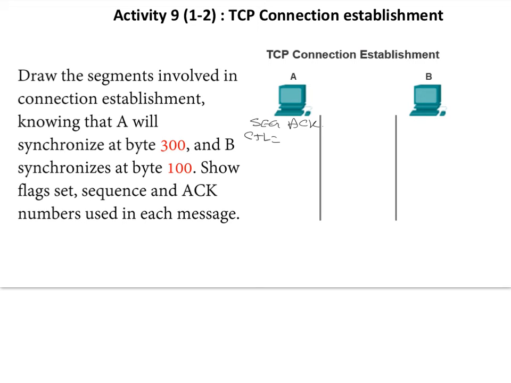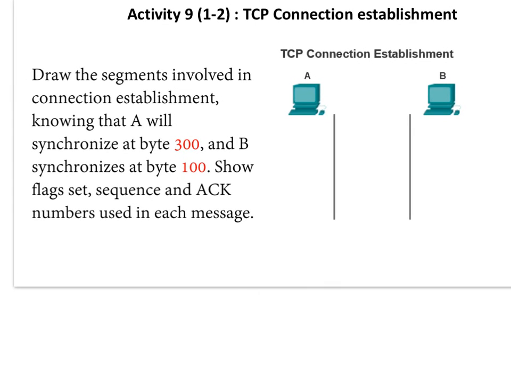Okay, so for each segment, the minimum you have to do is to set the sequence number. So there has to be a sequence number. Okay, so here we need to sync from 300, which means that the sequence number will be 300.